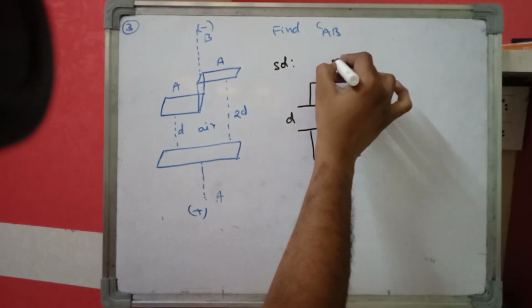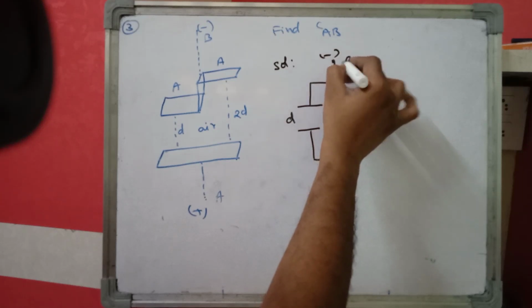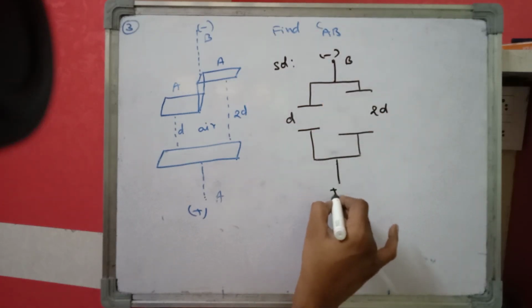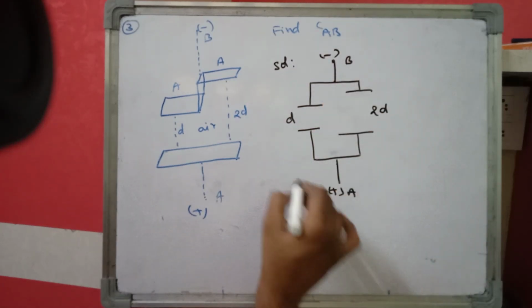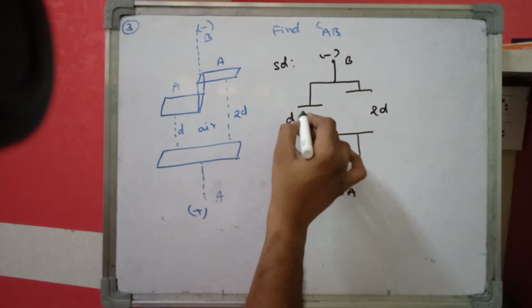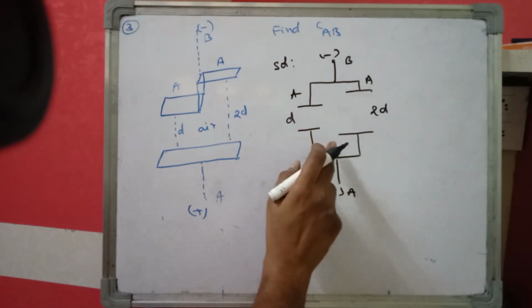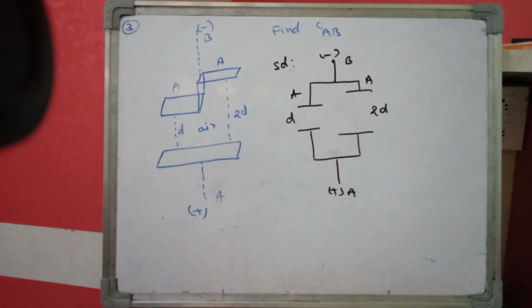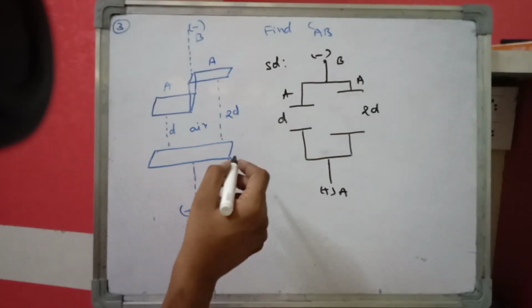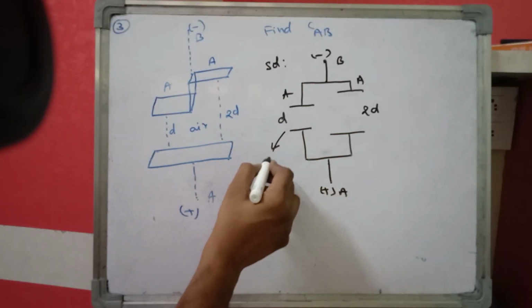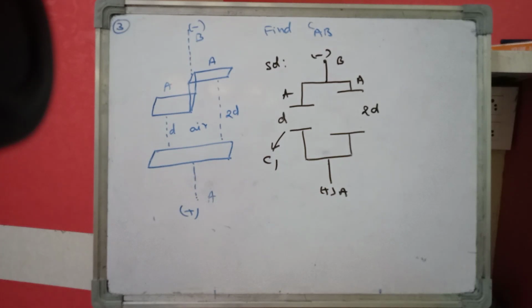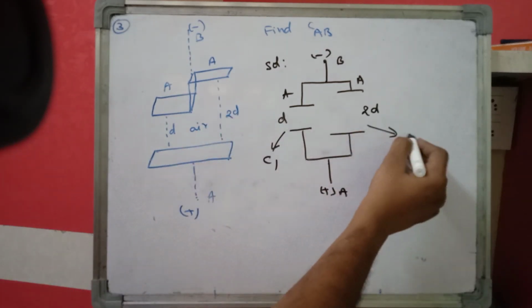This is connected to the negative terminal of the battery, and this is connected to the positive terminal of the battery. Its area is A and its area is also A. Air is the medium between the plates. Here two capacitors are connected in parallel. Let the first capacitor's capacitance be C1 and the second's be C2.